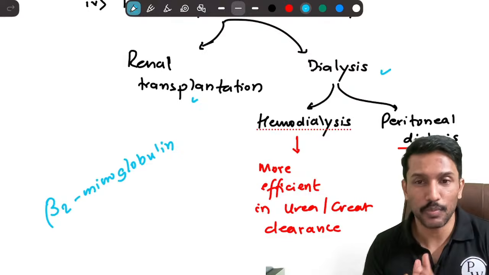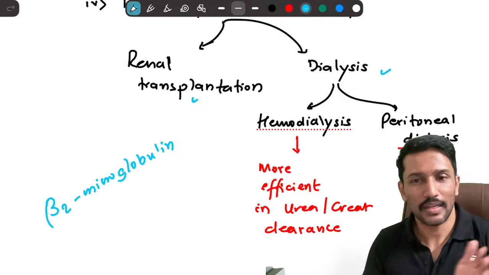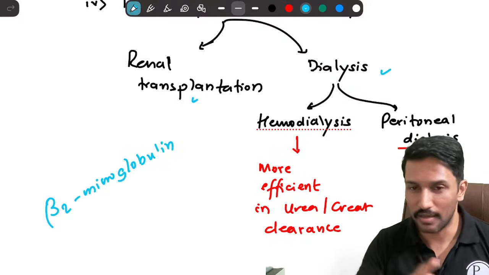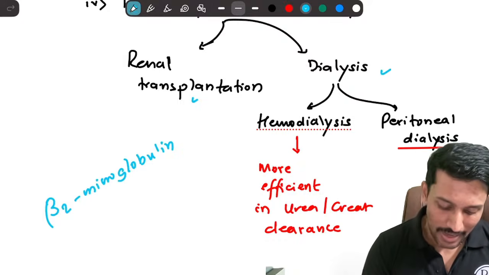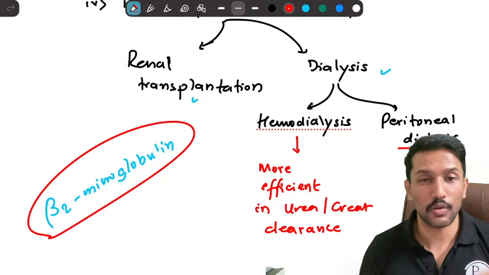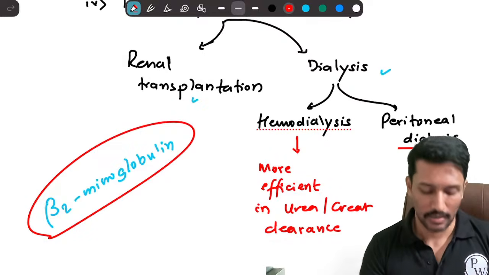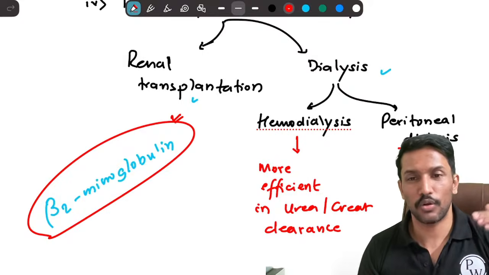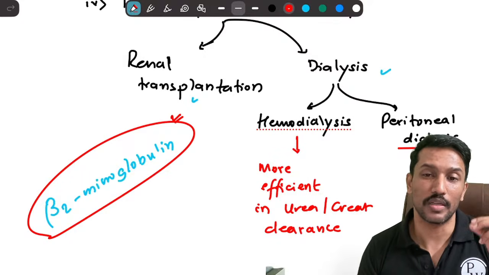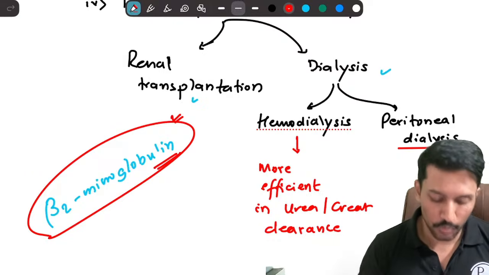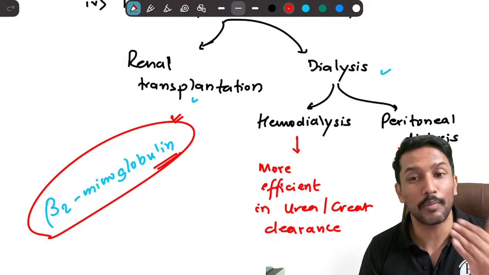And whatever dialysis machines we have today, they can clear the creatinine well, they can clear the urea well, they can clear the potassium well, but the handling of middle molecules like beta 2 microglobulin is poor. So we will not be able to eliminate them. So they remain in the blood. And when the blood levels of these middle molecules, particularly beta 2 microglobulin, increase, they start getting deposited in the tissues. And the deposition of beta 2 microglobulin in the tissues can cause amyloidosis.